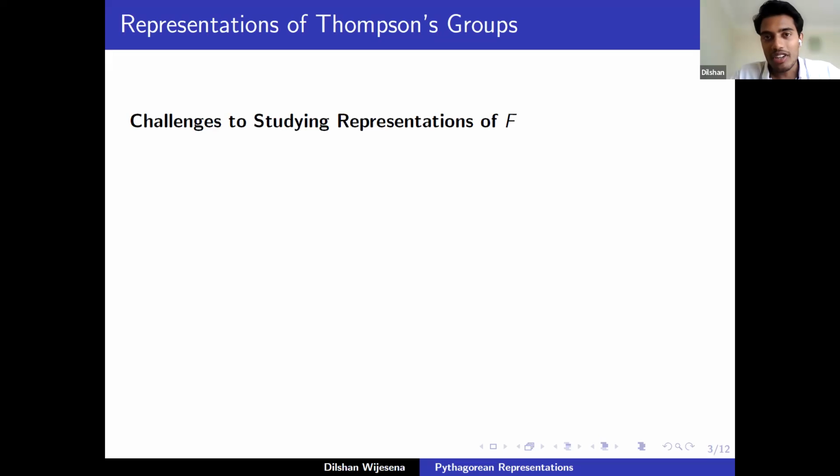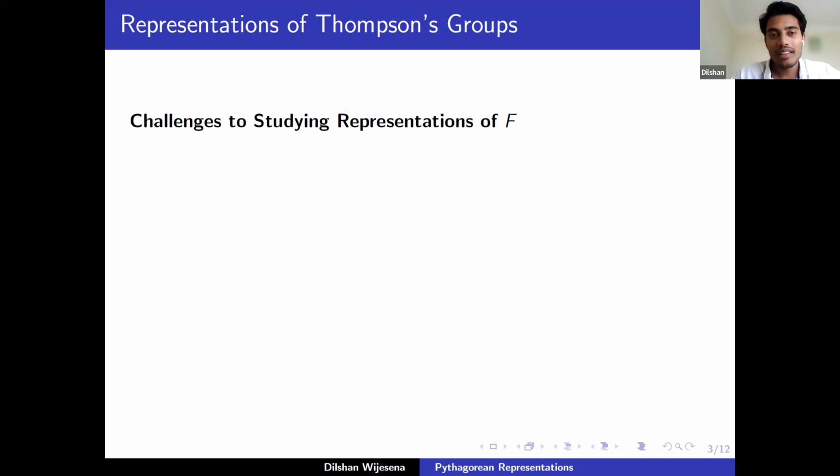So why do we want to study Thompson's groups? As Ryan alluded to, it has many fascinating properties. However, quite interestingly, its analytical properties have been challenging experts for several decades. One of the reasons why it's so challenging is that so little is known about its representation theory.